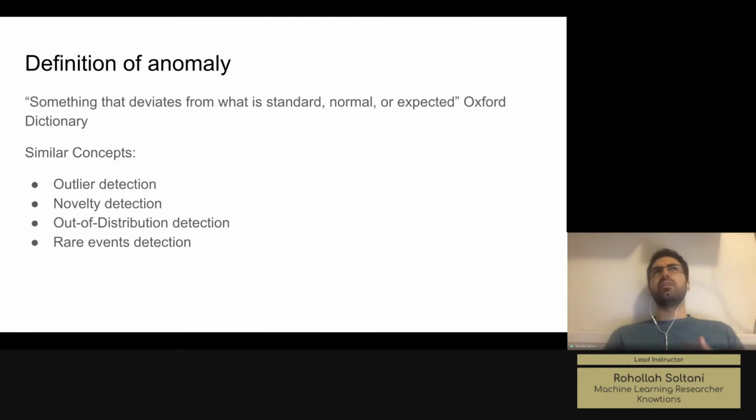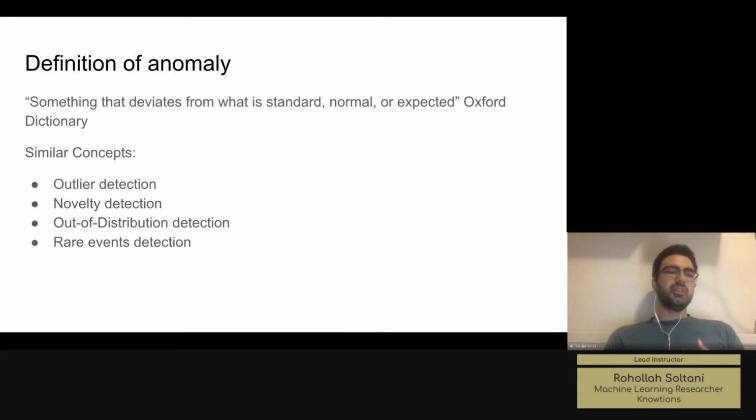What is an anomaly? If you look it up in the Oxford Dictionary, it would say that it's something that deviates from what is standard, normal, or expected. So it basically means if you have something which is different from what you have already, that might be an anomaly. People refer to it with different names, like outlier, novelty, out of distribution, or rare event, and all of them can refer to the same concept, which is anomaly.